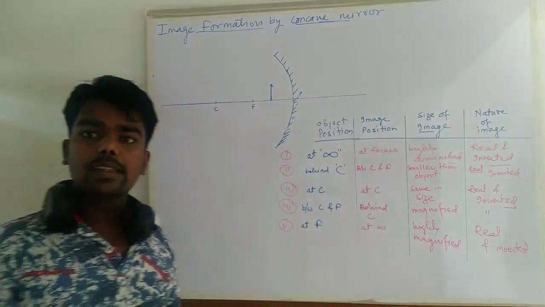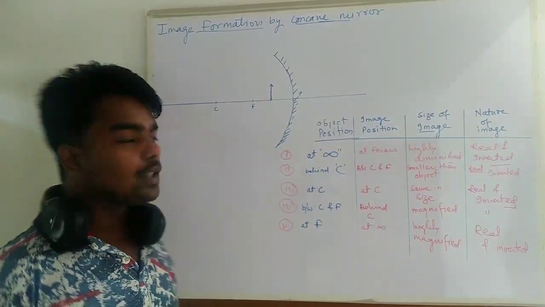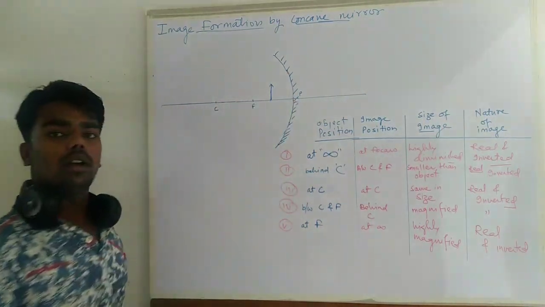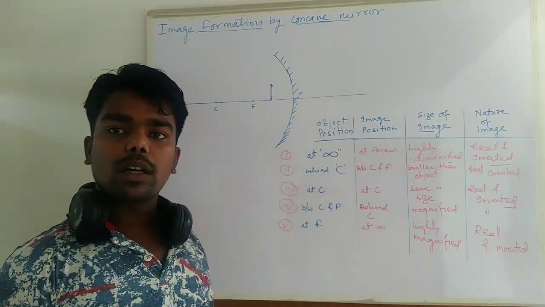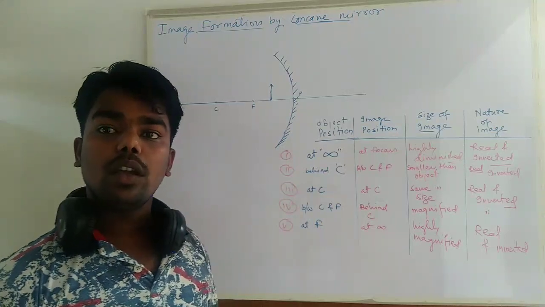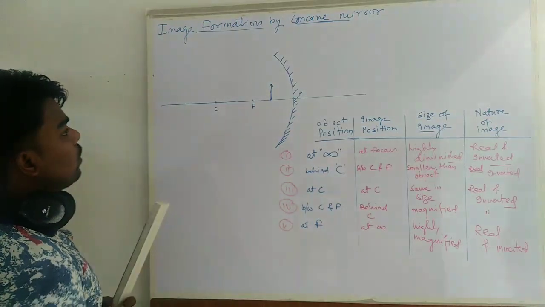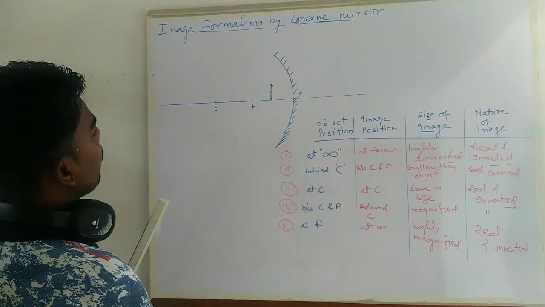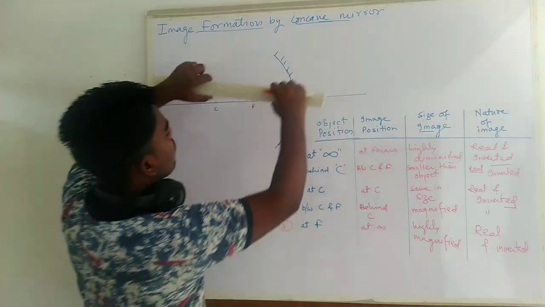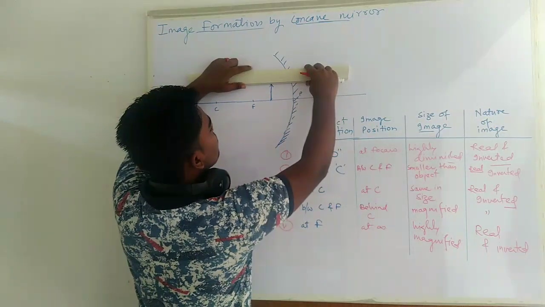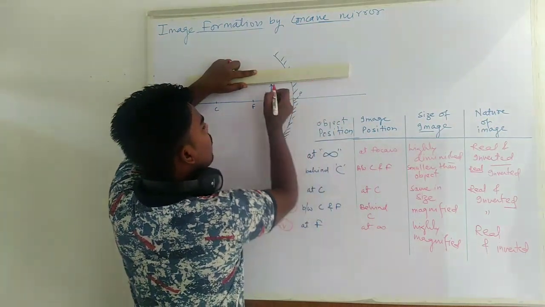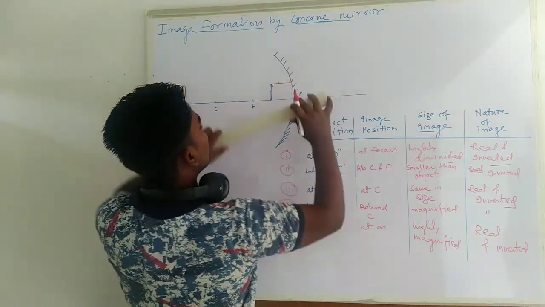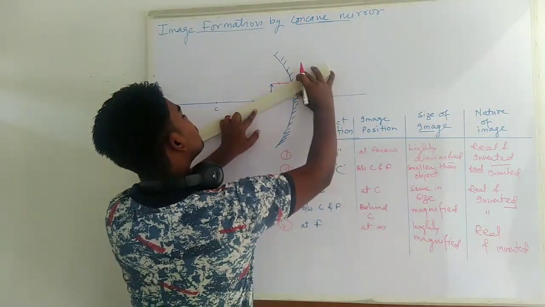So now the last case we have for the concave mirror image formation, when the object is placed between P and F. अगर P और F के बीच में ऑब्जेक्ट रखा है तो उसकी इमेज कहाँ फॉर्म होगी, अभी अपने को देखना है. So we will see where the image is going to form in this case. Okay, so the first light ray we will take parallel to the principal axis, and after reflection it will go passing through the focus.